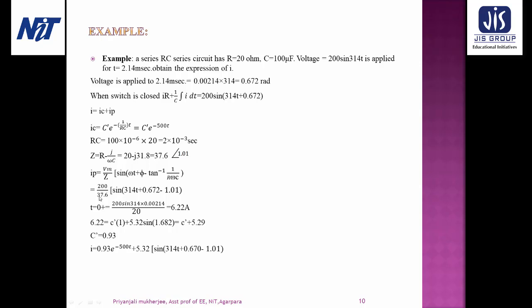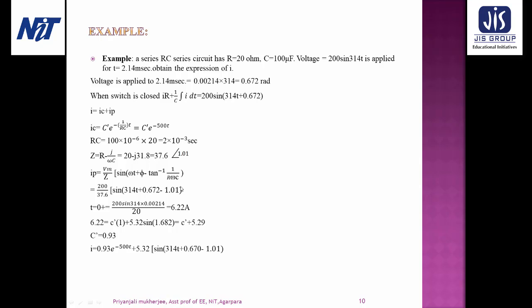We put Vm equal to 200, because the voltage is given as 200 sin 314t. So it is 200 divided by 37.6 into sin(314t plus 0.672 minus 1.01).